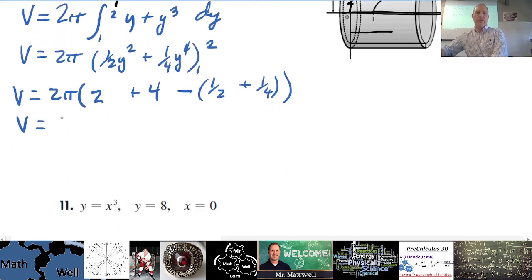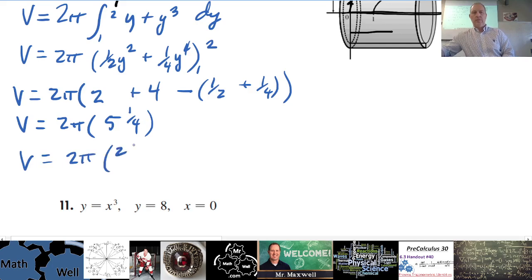So V equals 2 pi. That's going to be 6 minus 1/4, so that's 5 3/4, however you want to think about that. That's 23 over 4, I guess. Minus, no, my bad. This is minus the sum of these two, so that's minus 3/4, so that's 5 1/4, so 21 over 4.